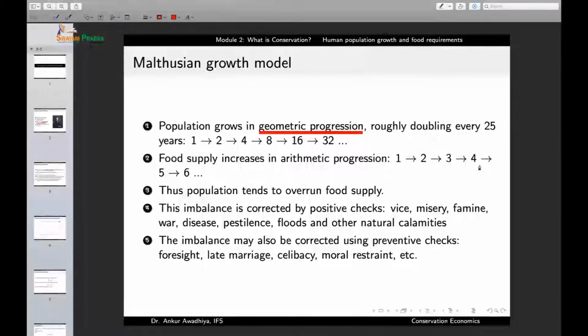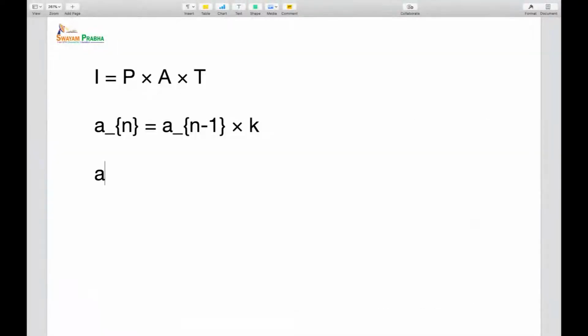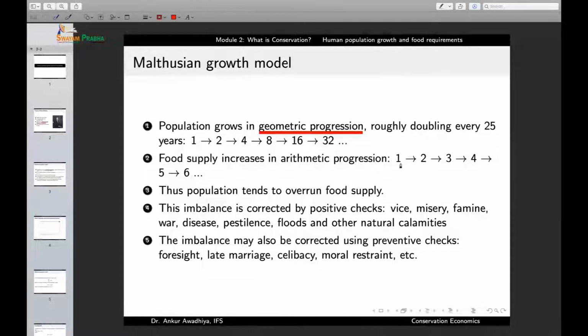And in the case of an arithmetic progression, we say that the nth term of the series is equal to the (n-1)th term plus a constant k. So if you subtract the (n-1)th term from the nth term, you will get a constant k. And in this case, what Malthus is observing is that this k is equal to 1. So 1 plus 1 is 2, 2 plus 1 is 3, 3 plus 1 is 4, 4 plus 1 is 5, and so on.